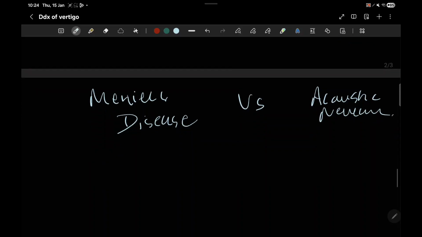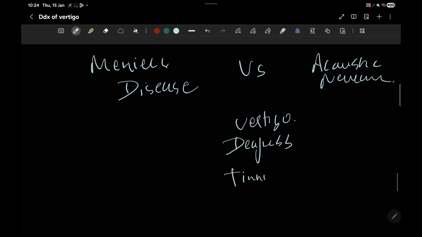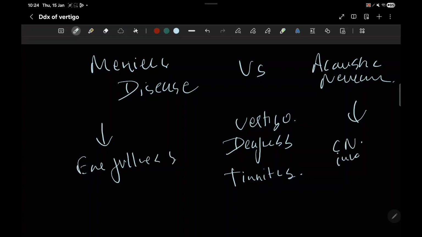Both of them have vertigo, both have deafness, and both have tinnitus, ringing in the ear. So what is the difference? In Meniere's, as we discussed, the patient will come with ear fullness. In acoustic neuroma, they will have cranial nerve involvement, since it's a tumor. Also, the patient will have ataxia, loss of balance. So this is the difference.